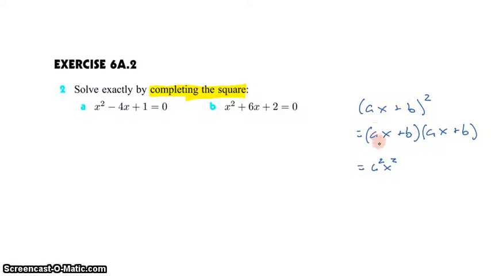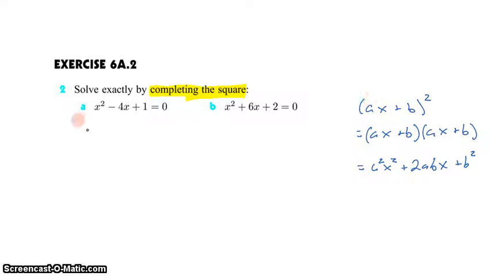Then we have ax times b, so that's abx, and ax times b, so that's abx. That's two of them, so that's 2abx. And finally, b times itself is b squared. This means if I have a quadratic in this form, it's equal to this form.